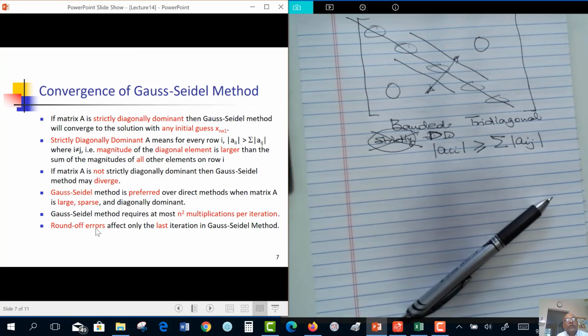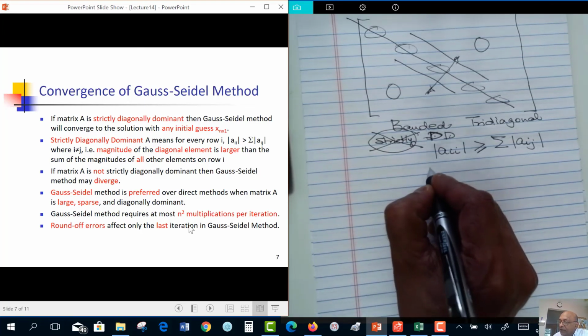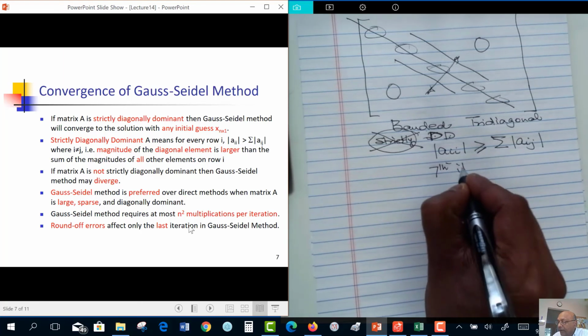So great thing is Gauss-Seidel method requires only n square multiplication per iteration. So suppose you have n is equal to 1,000,000, you just need to converge in less than 1,000,000 iterations. Also notice the round off error affects only the last iteration in a way, because suppose you converged in 7th iteration.